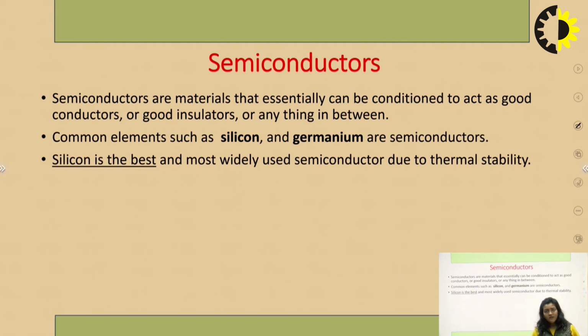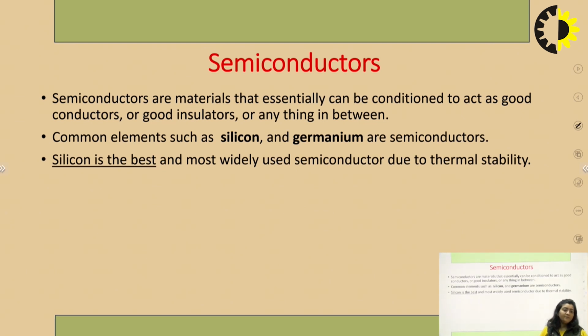Like at 0 Kelvin, in the purest form, the semiconductor does not allow the current to flow through them at natural conditions. So silicon and germanium are categorized as semiconductors, and silicon is the best used because it has the highest thermal stability.